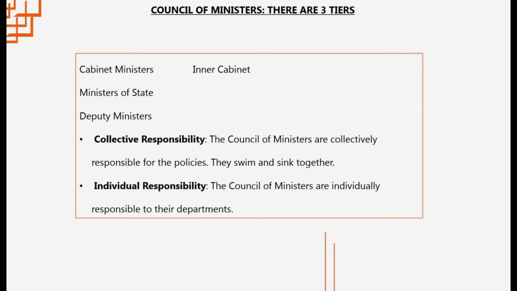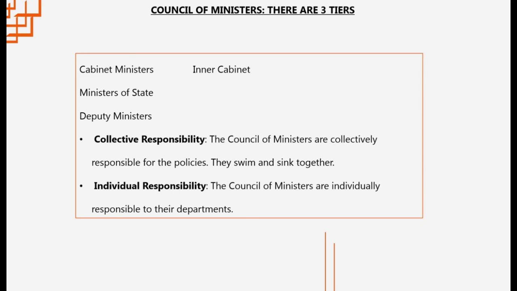Individual responsibility. Article 75(2) states that the ministers are individually responsible to their ministry. If a policy is successful, the minister is praised, and if the policy is unsuccessful, the ministry has to face brickbats.